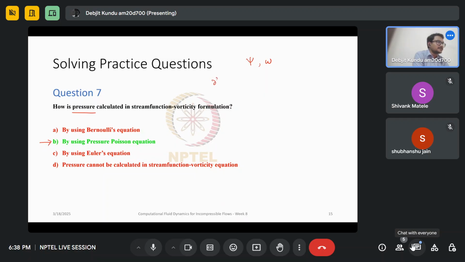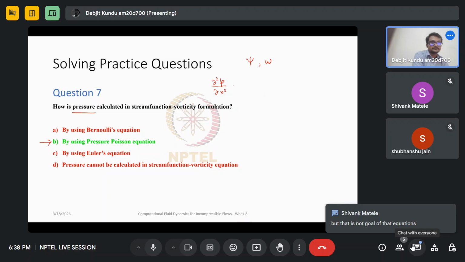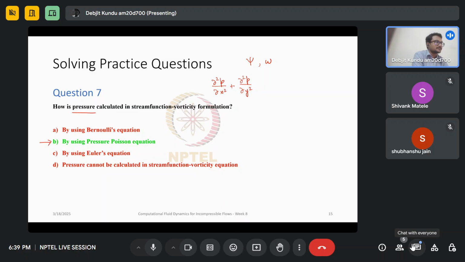So basically, you have the Laplacian of pressure on the left-hand side. What if the goal is to find the pressure? If you need the pressure distribution, what will you do? You'll not simply say that I cannot do it using stream function vorticity.